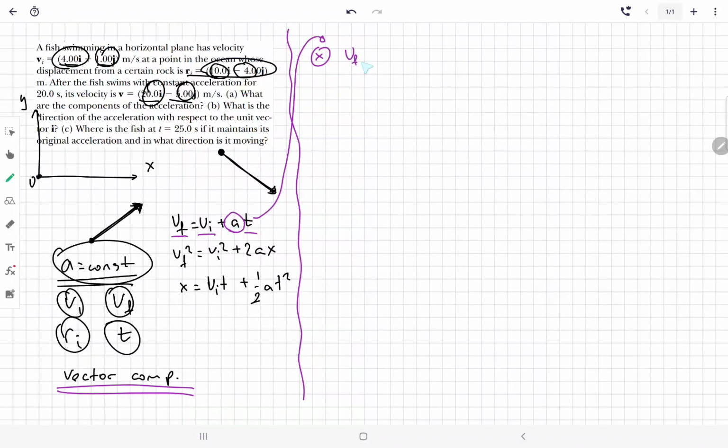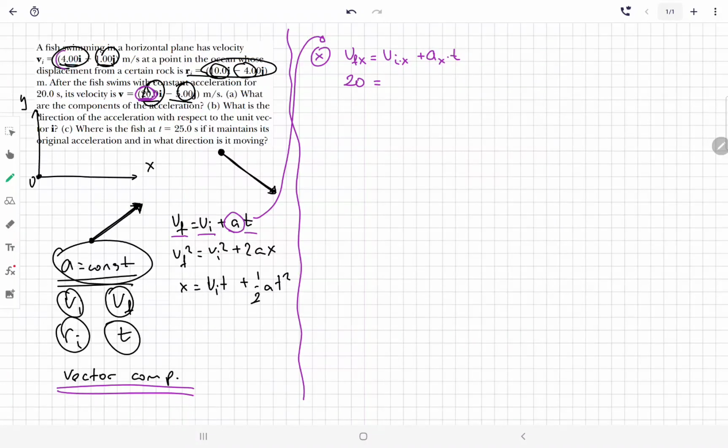Velocity final in the x direction equals velocity initial in the x direction plus acceleration in the x direction times time. Final means the velocity after 20 seconds. Initial means the initial velocity, basically. So in the x direction the final velocity, as you see from the problem, is positive 20.